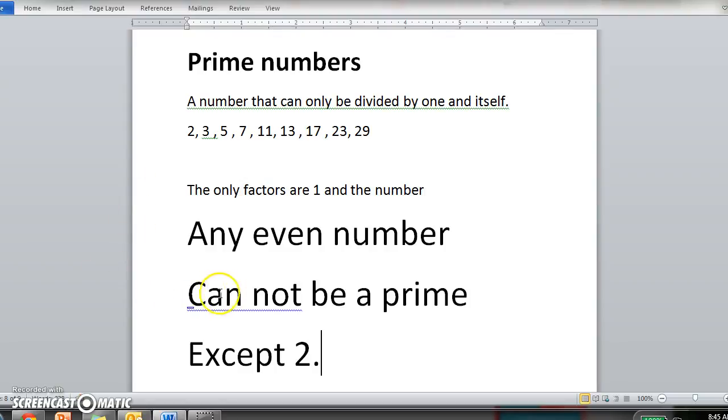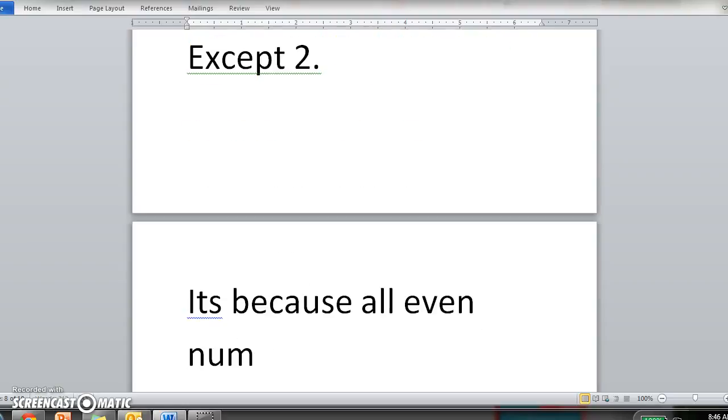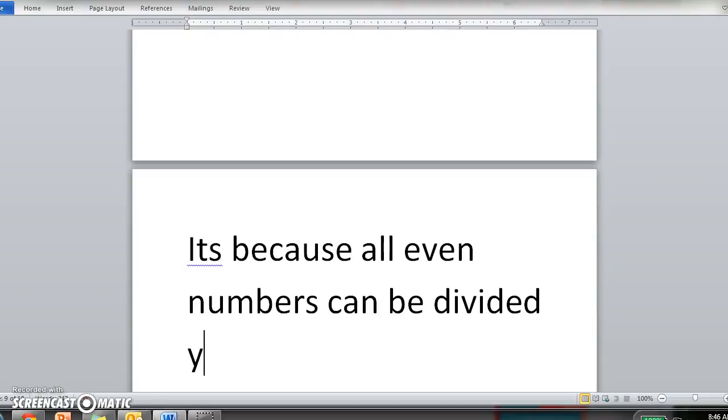Any even number cannot be a prime except for 2. Think about that answer. Why is that? Well, it's because all even numbers can be divided by 2. So they have more than one factor.